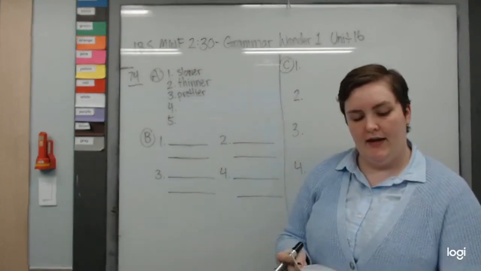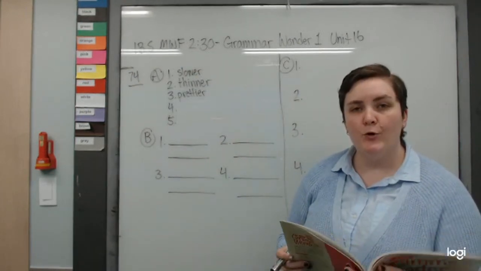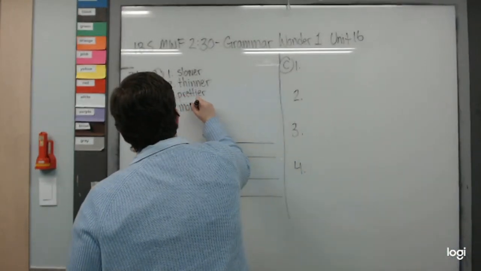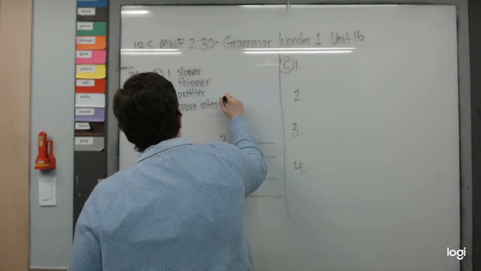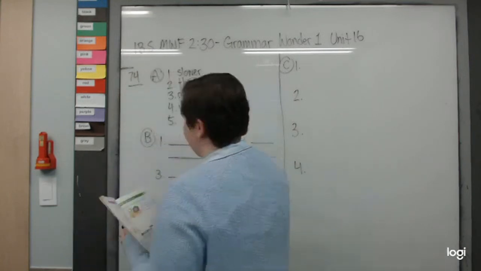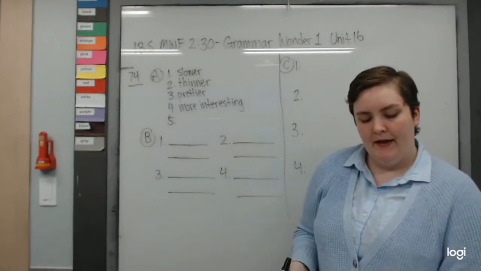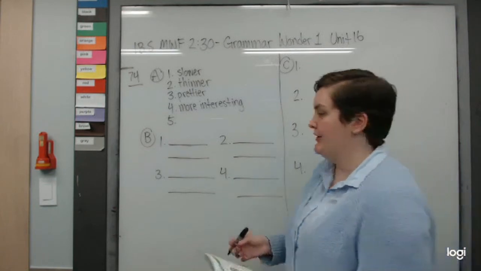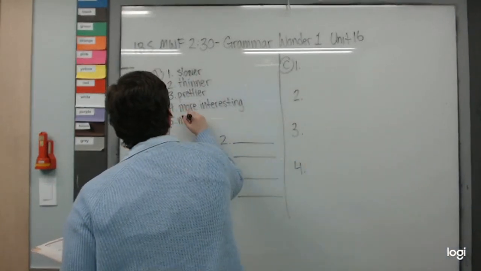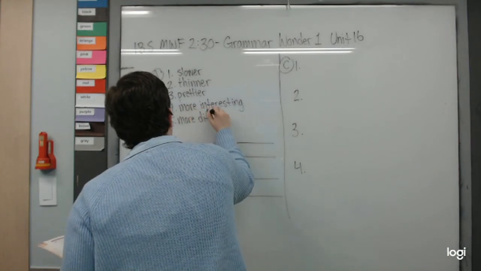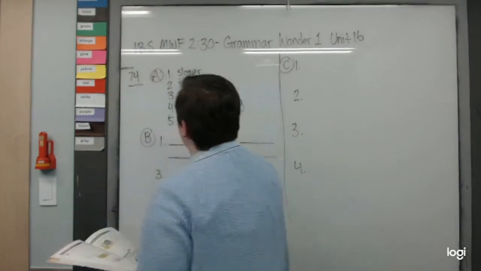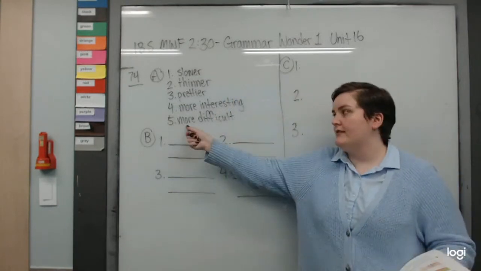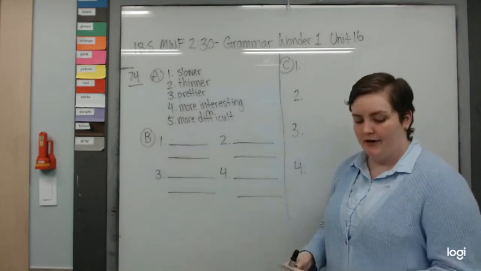Number 4, in my case, movies are more interesting than books. And number 5, math is more difficult than science to my brother. Interesting and difficult are both long words, so we add more and not ER.